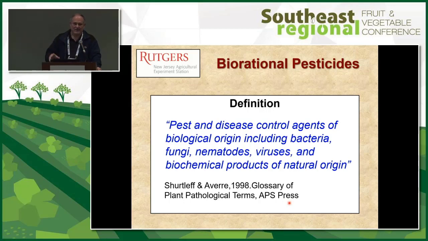They all have OMRI registrations as far as being an organic material. But it doesn't fall into any of the categories for biorational. So in a sense, all biorational materials are organic, but not all organics are biorational. So it's a more narrow definition of a natural material. Now let's get on to the experiments.